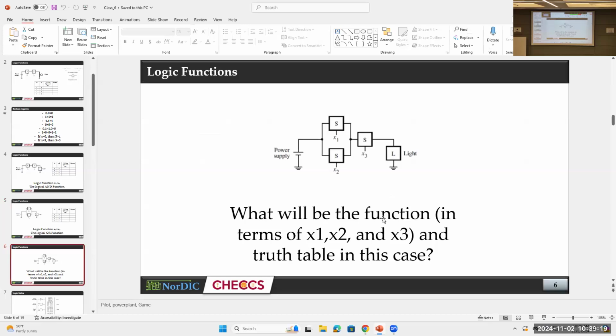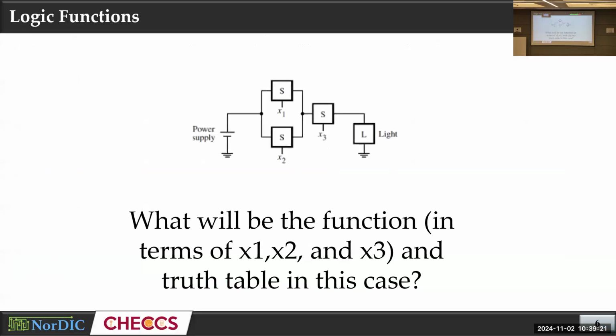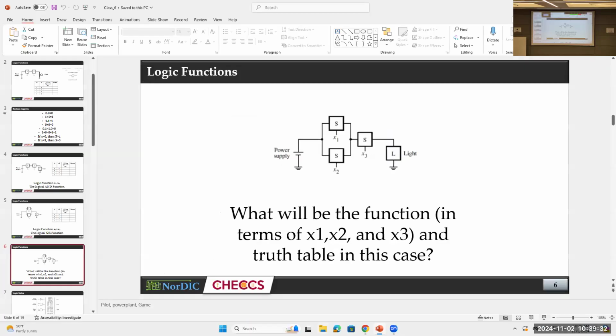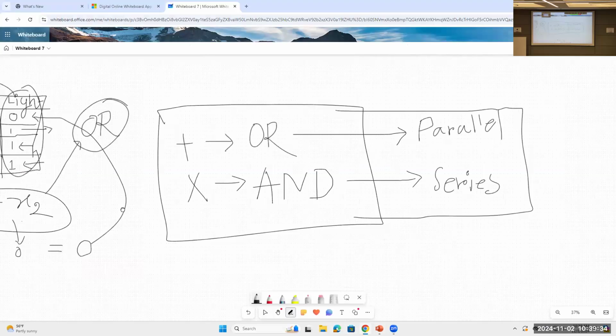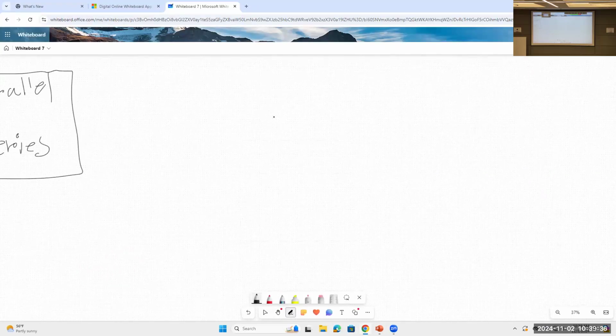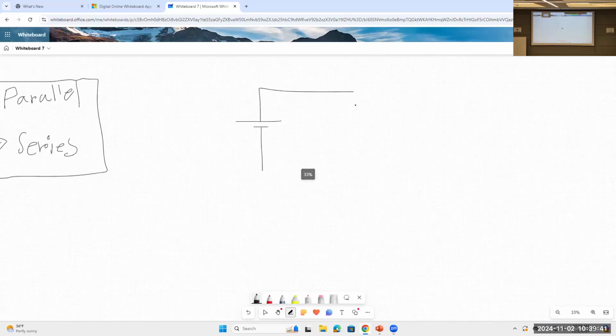So I have a task for you, a very simple task. Let's discuss this. This is a new circuit, so now let's draw it. I've just created a new circuit. If you see, this is a switch.